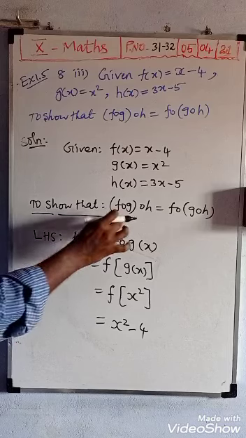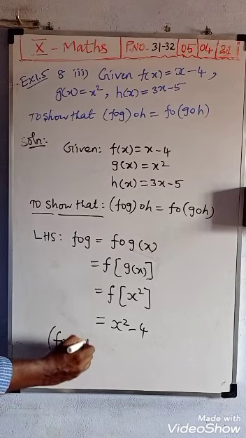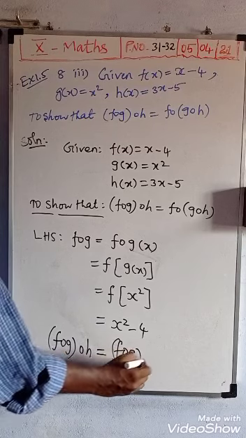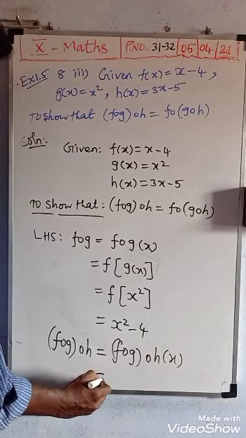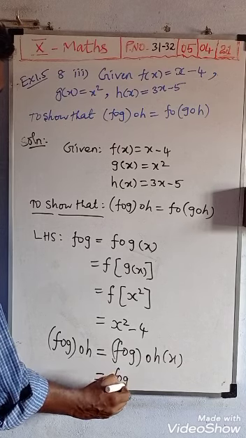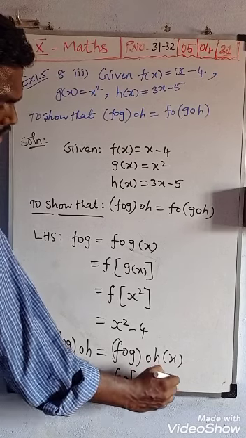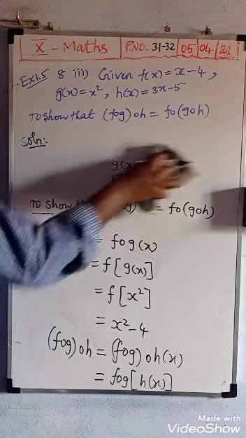Next, the whole function you want to find. So (f composition g) composition h we can write as (f composition g) of h of x. So we can change this to f composition g of h of x. Okay, remove the composition and write h of x. Now, what is the function of h of x?